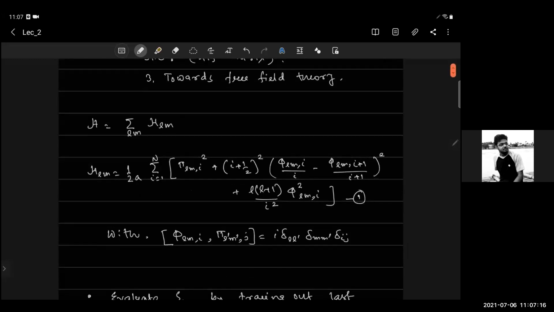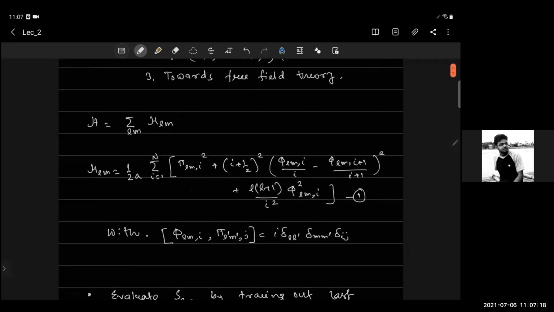But if you look at the potential matrix, which comes from the phi i coupling, there is no explicit m dependence in the elements of the matrix. So if you write K_lm,ij phi_lm,i phi_lm,j, there is no m dependence in the matrix element here, the potential matrix.